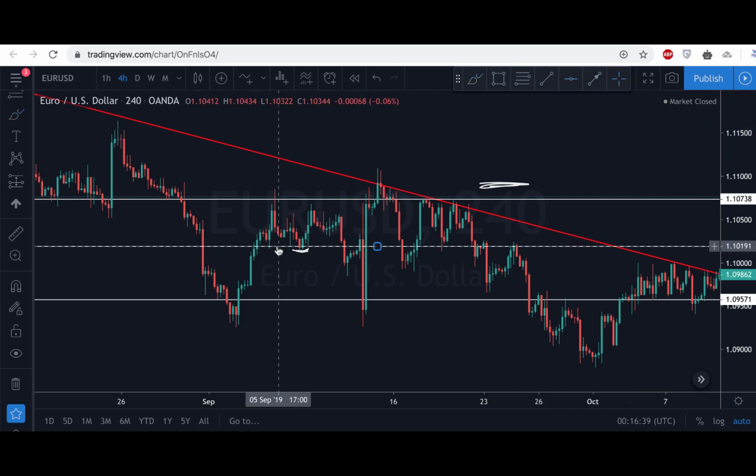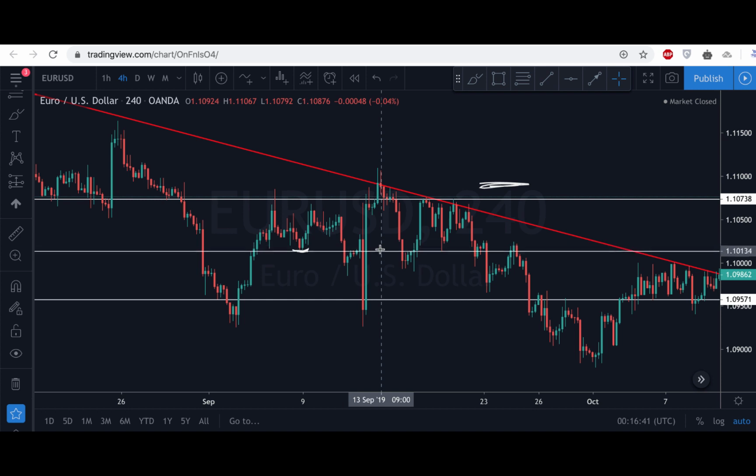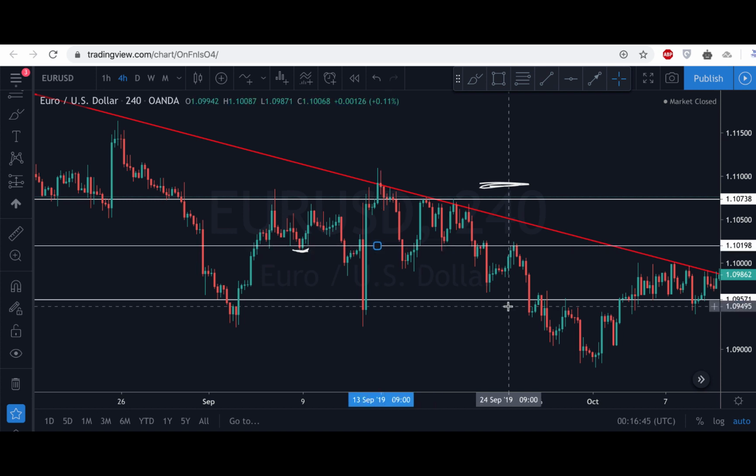So we draw our line on the support level, and to be safe, to have a very high probability setup, what we do is wait for the market to break below that support if it retests one more time. If it doesn't retest, the possibility is the market can keep heading up. But in our case, the market did retest the support.